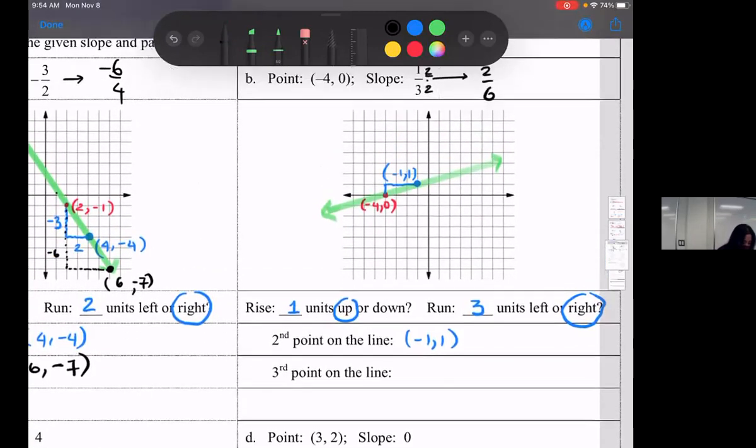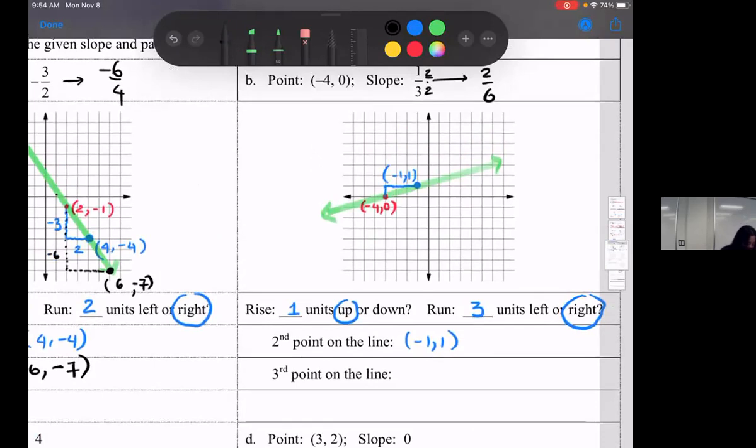So 2 over 6 now. From the red point, I'm gonna go up 2, go over 6. So that's up 2 over 6. 1, 2, 3, 4, 5, 6 right here.